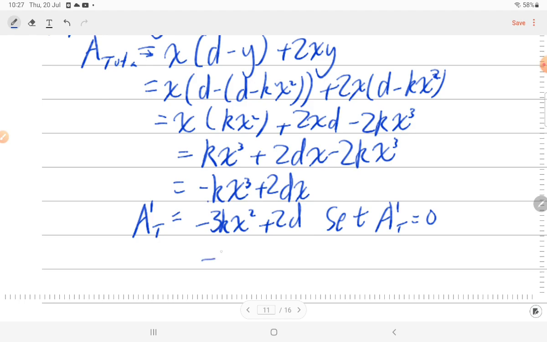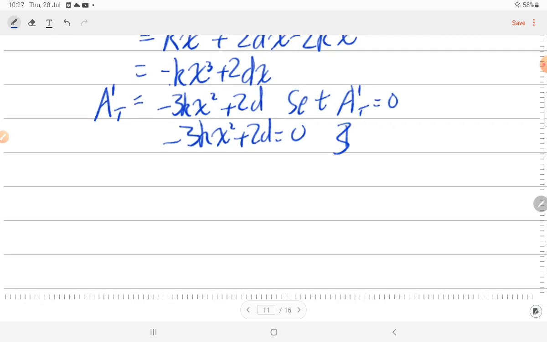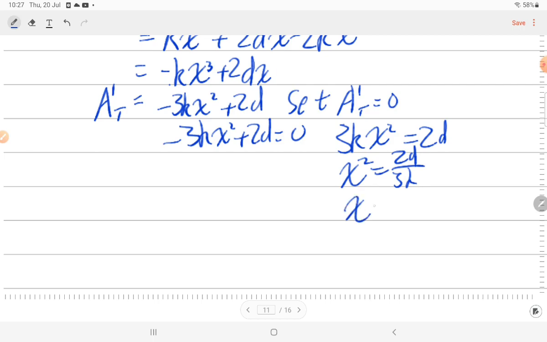Negative 3kx squared plus 2d equals 0. Sorry, that is a bit messy. 3kx squared is equal to 2d. X squared is equal to 2d over 3k. X is equal to square root of 2d over 3k.